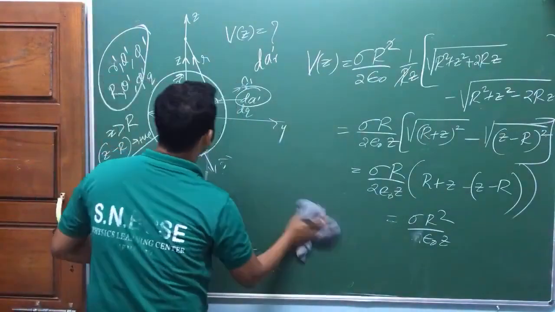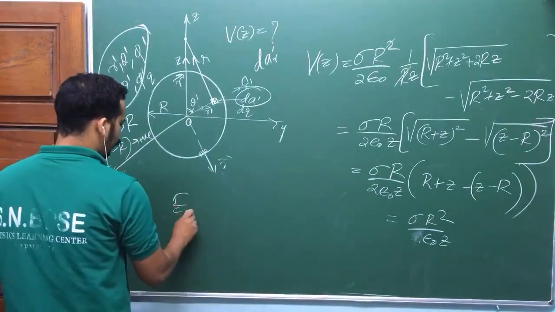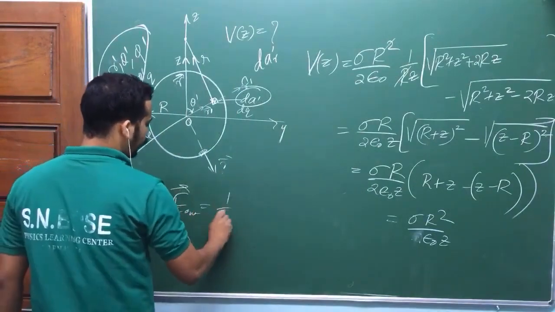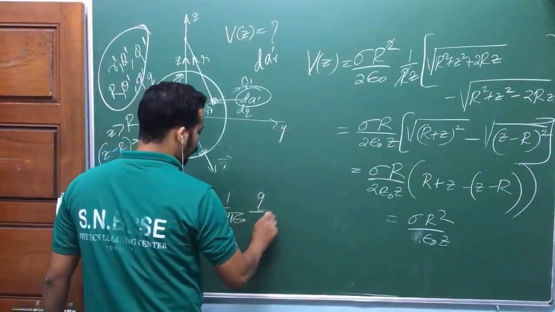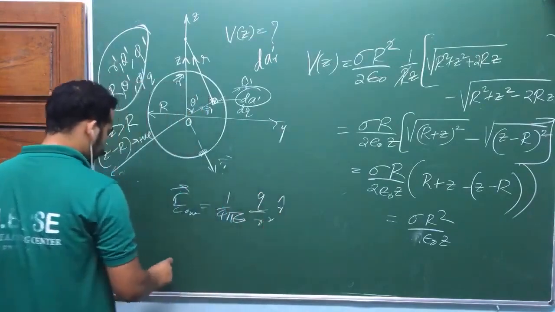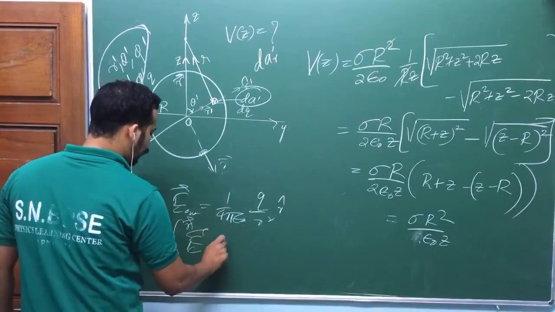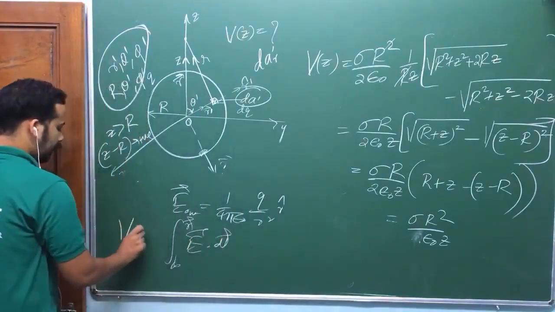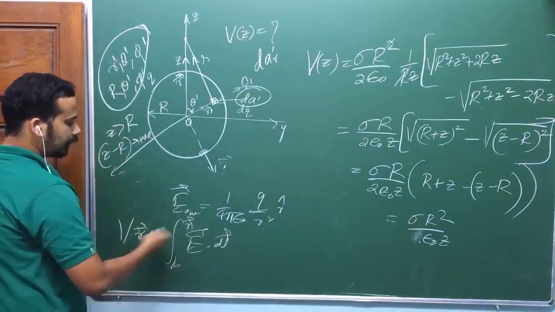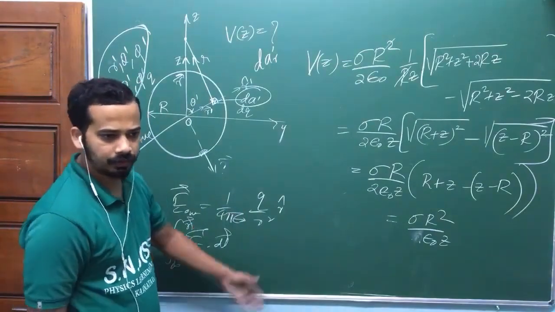Again, you know what the electric field outside is: 1 by 4 pi epsilon naught Q by r square r cap, am I right? Then you can line integrate from infinity to this r, E dot dl, so you get the potential at r, isn't it? Then you put r equal to z, that's it. You could have done that one.